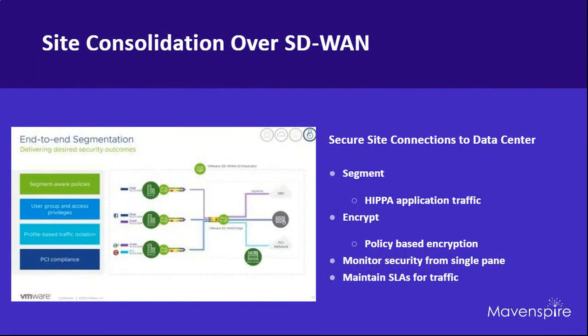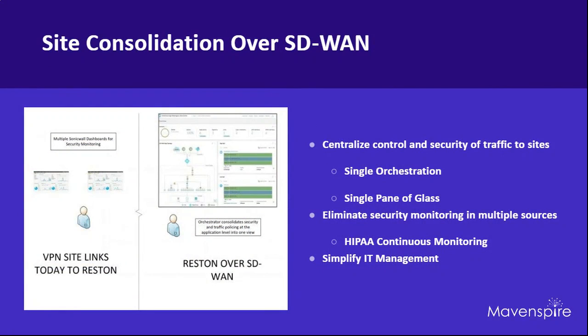One of the advantages around SD-WAN is that when you have traditional site-to-site links or VPN links, you have to monitor those through your firewall solution. In certain cases, that may mean that you need to look at different dashboards in order to see the security and apply policies around your traffic.